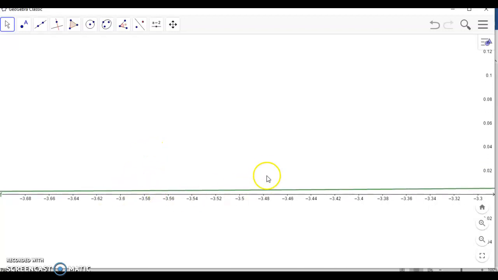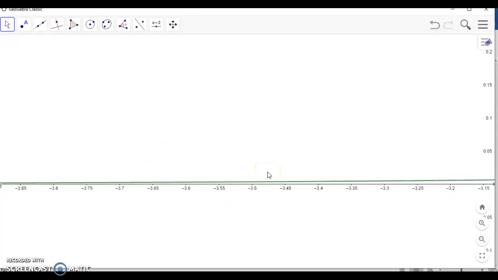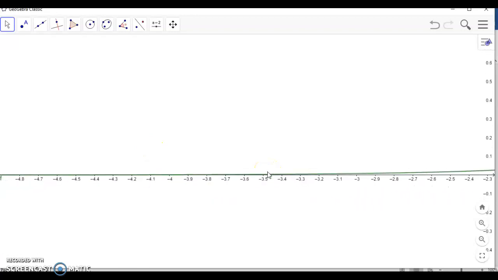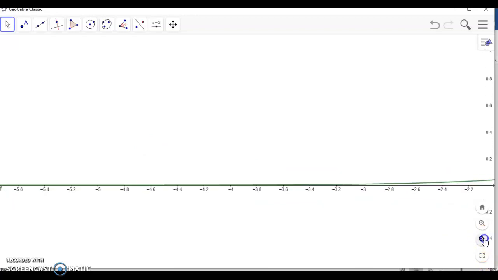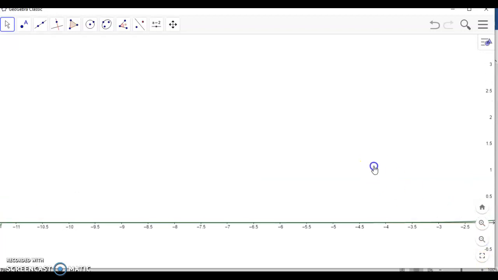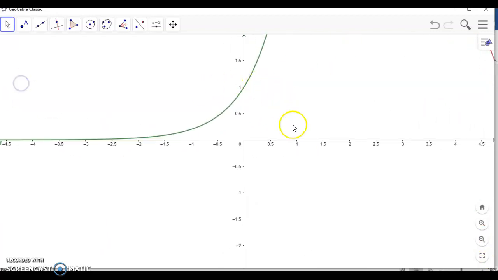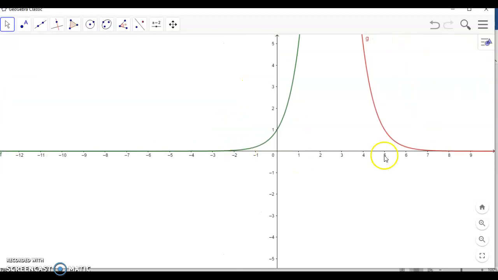And so what we would say is that our horizontal asymptote for both of these graphs is y equals 0, which is the x-axis. Our graphs are getting really, really close to the x-axis, but never actually crossing it and never actually touching it.